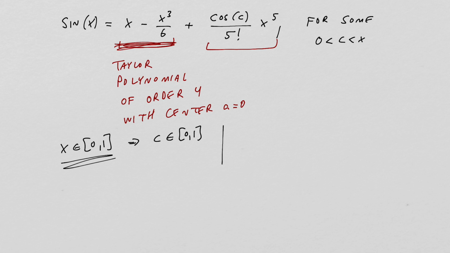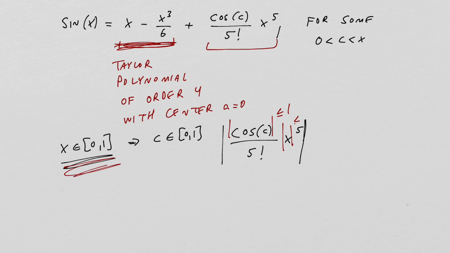How large can the value of the error term be? Well, absolute values of cosine are at most 1. And now because our x is like this, the absolute value of x to power 5 will be also less than 1.